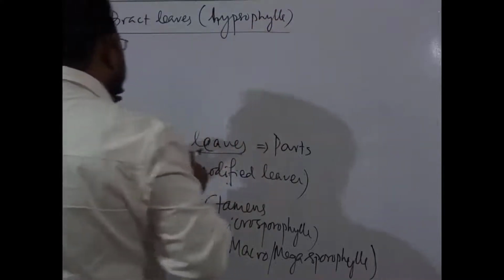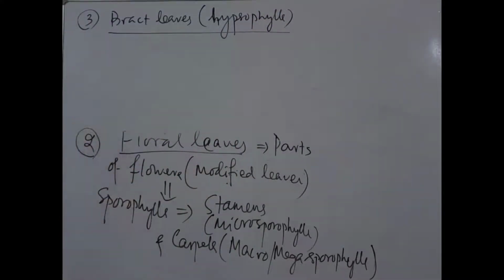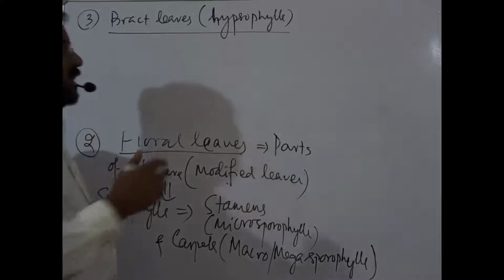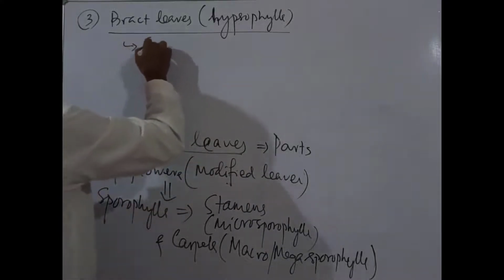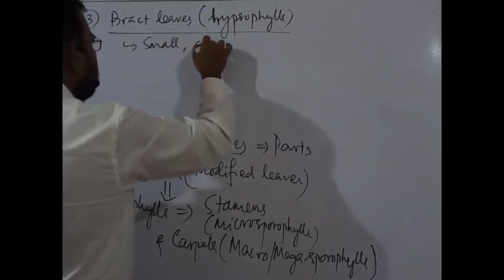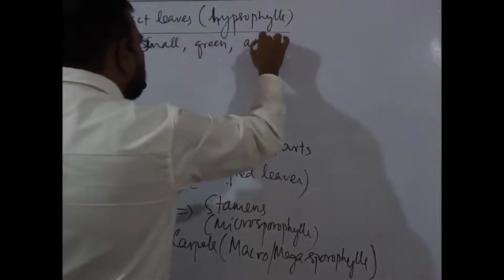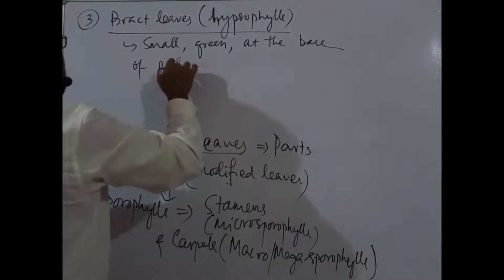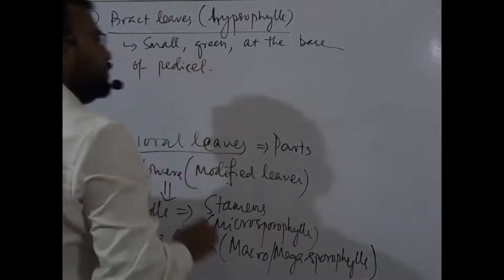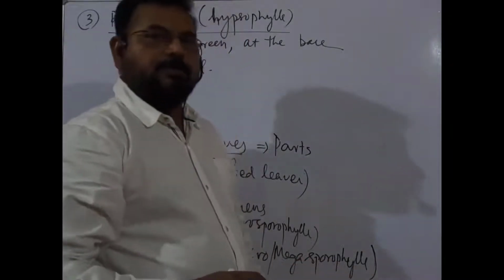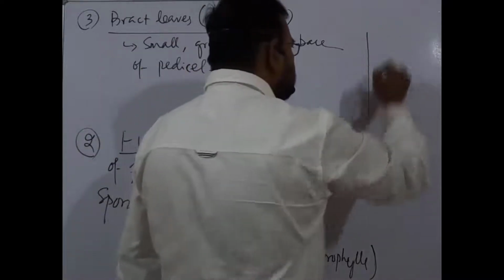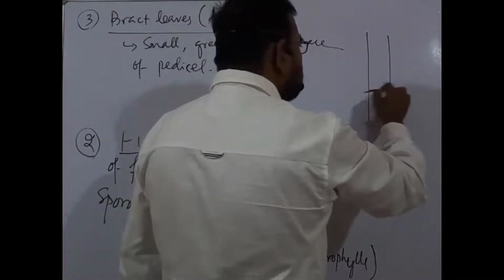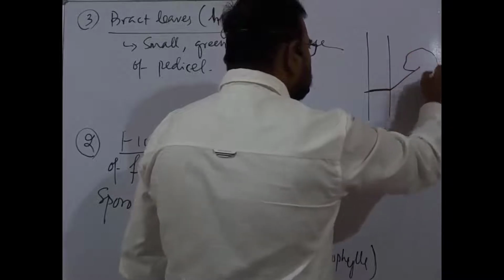They are very small, green colored structures present at the base of the pedicel. You know the pedicel? Pedicel is the stalk of the flower. Suppose this is a stem and there is a node, and this is a flower.